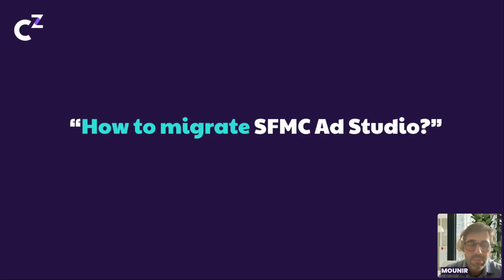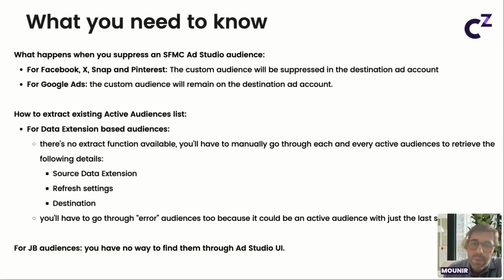So how do you migrate or how do you prepare for this migration? Well, you need to know a couple of things. What happens when you suppress an ad audience in Advertising Studio?